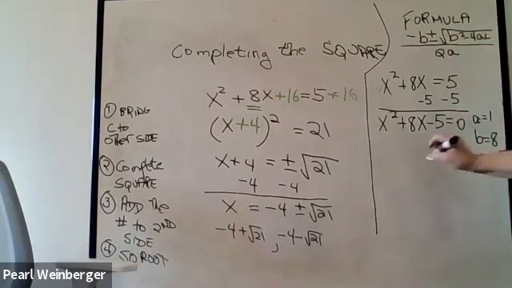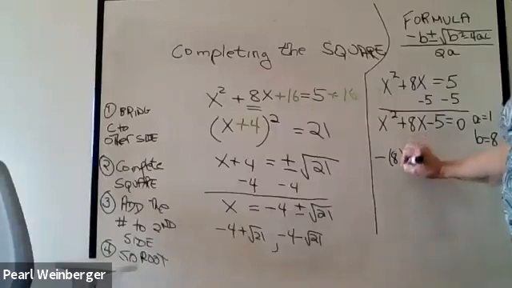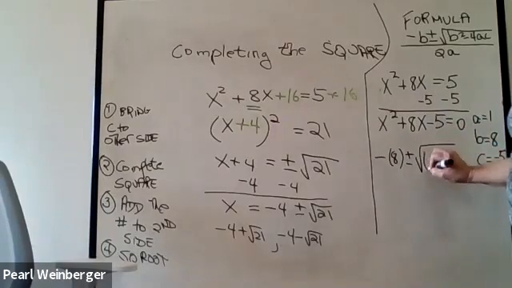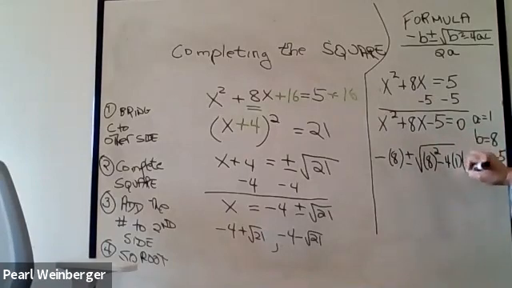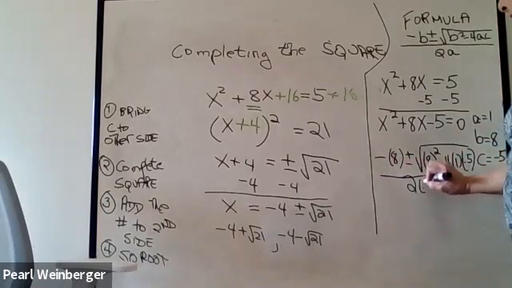So sticking it into the formula, negative b, so negative 8, plus or minus the square root of b squared, that's 8 squared, minus 4 times 1, my a, times negative 5, all over 2 times 1, because my a is 1.